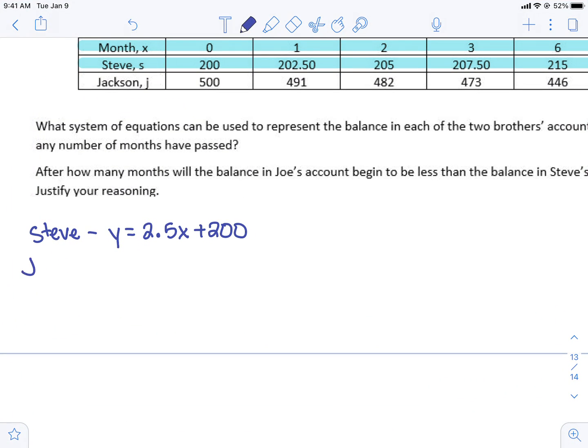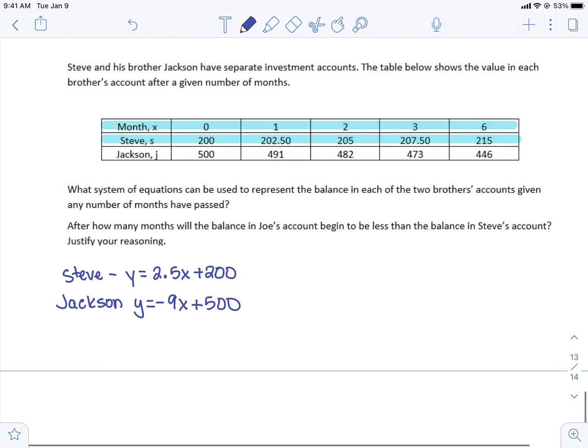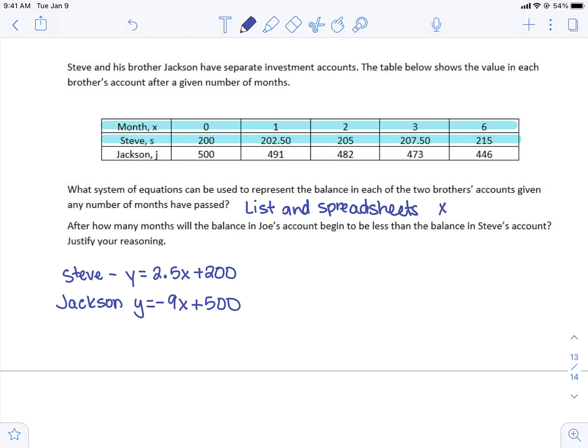So Jackson would be y equals -9x plus 500. So we did that by using list and spreadsheets, okay, times 2. So times 2 means we did it for Steve and then we did it for Jackson.